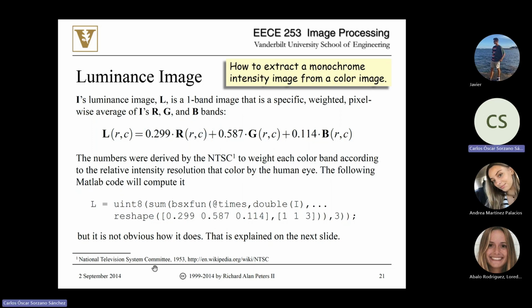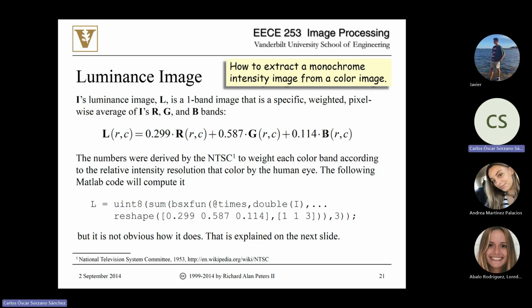But real life is color. So how do I encode color into something that is monochromatic? They were playing a bit with the weights. They discovered that these weights are the ones that we like the most as humans. As humans, we give more importance to green, a little bit less importance to red, and blue is the least.